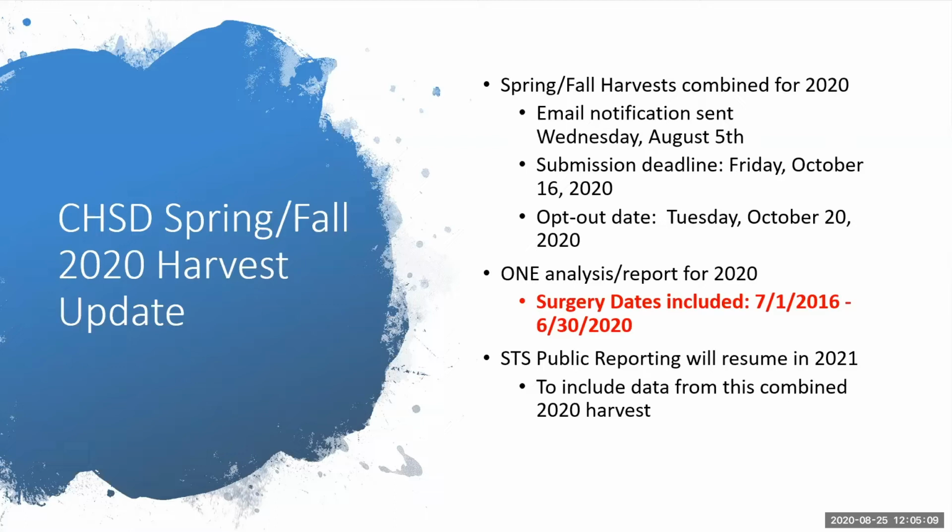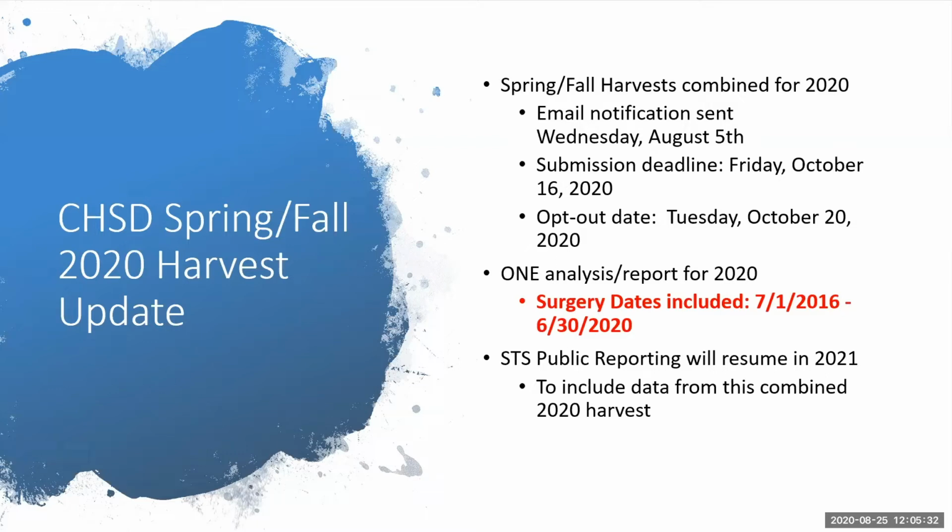A friendly reminder that it is not necessary to submit the entire 4-year analytic period. For example, let's say you participated in the fall 2019 harvest and submitted data up through 6/30/2019, and you haven't gone back and done any updates to that previous data.